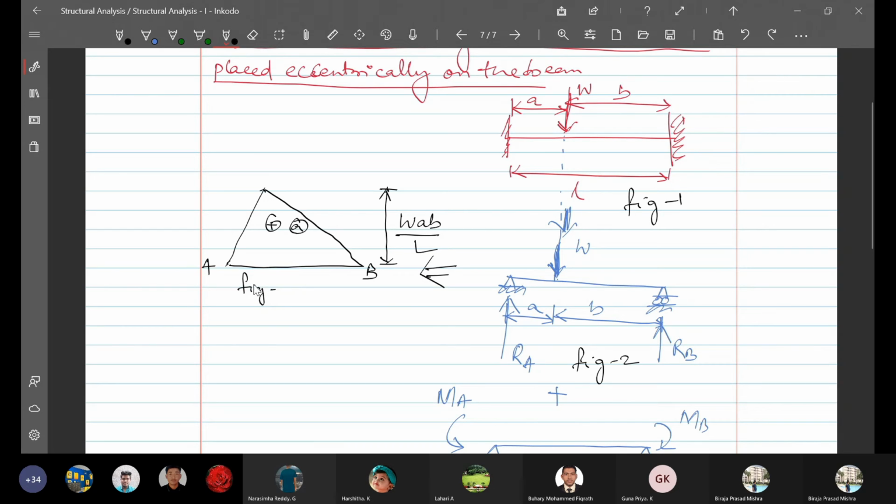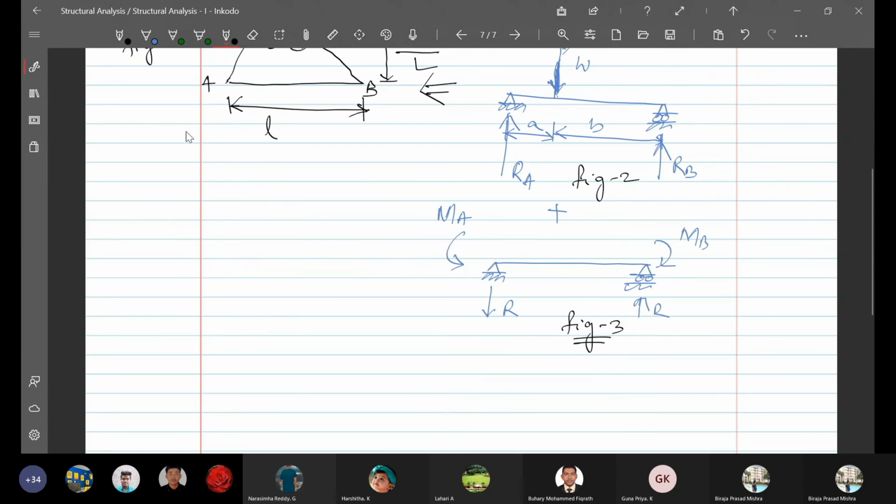Let us say this is figure 4 and this distance is L. Now what will be the value of this bending moment here and here?